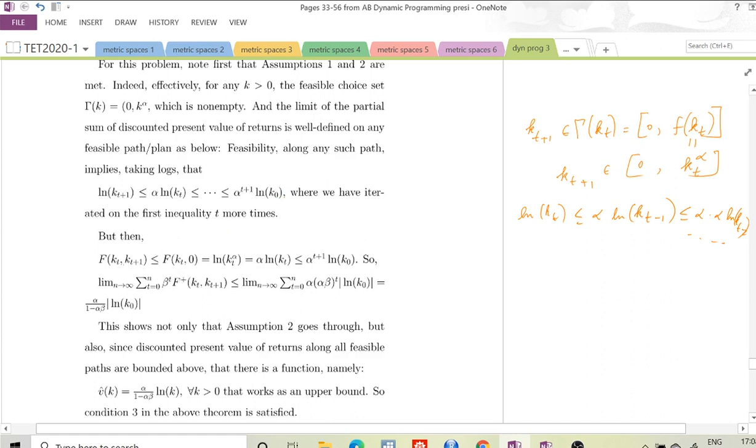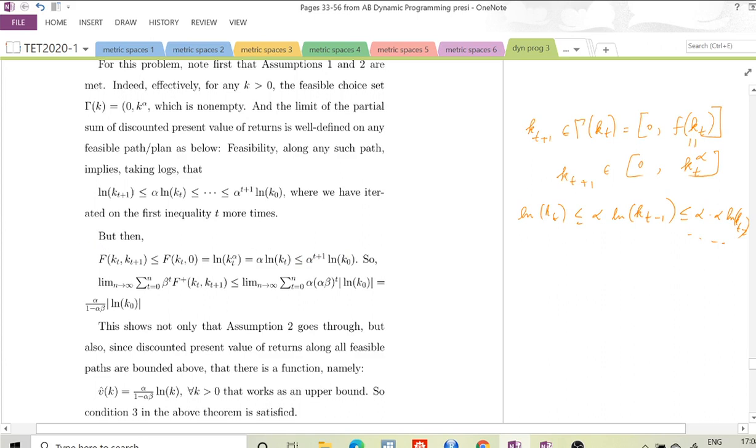If you look at returns in the current period t, f of k_{t+1}, that's always going to be less than or equal to f of k_t, 0. So if you don't leave any capital stock for tomorrow and eat everything, your current returns will be the highest. But that's just log of k_t to the alpha, or alpha log k_t. And if we do the iteration, this is less than or equal to alpha to the t plus 1 log k naught.